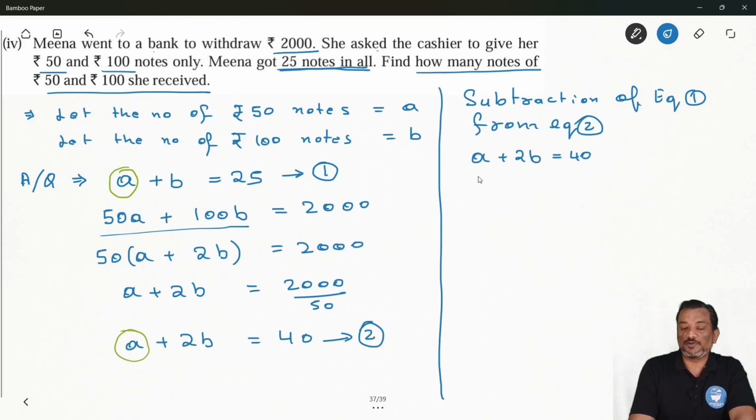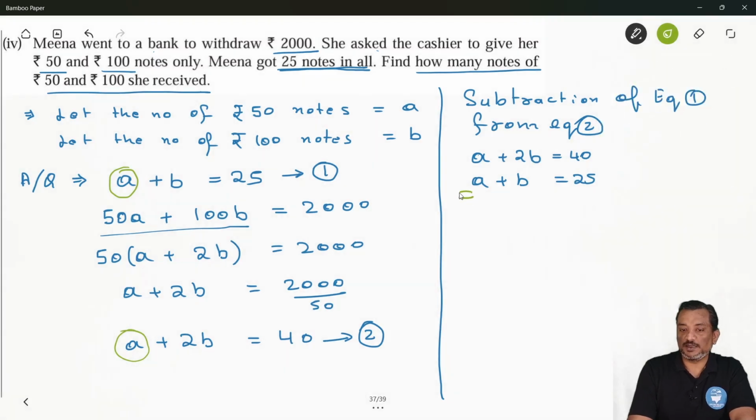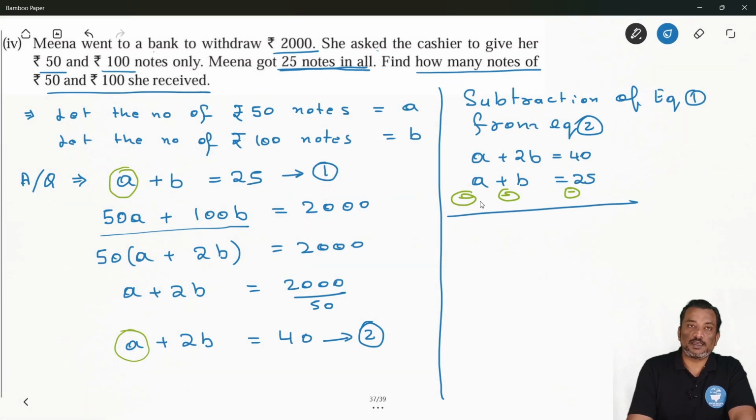And equation 1: a plus b is equal to 25. Now we have to subtract, so change the sign, minus, minus, minus, okay. So after the subtraction, a minus a becomes 0, 2b minus b, so you will get b, and 40 minus 25, so you got 15.